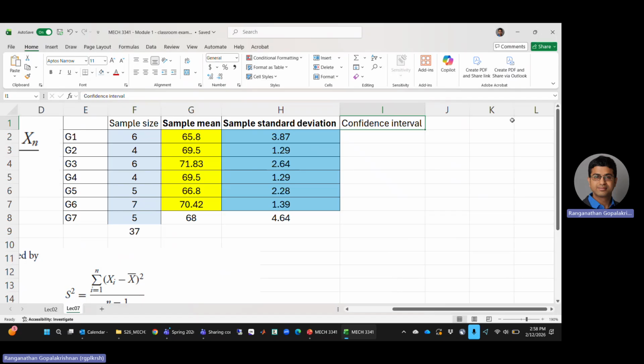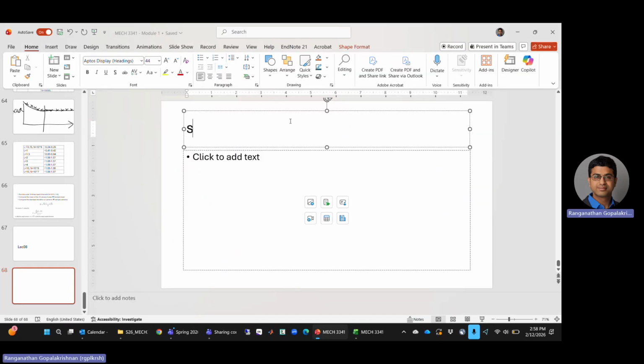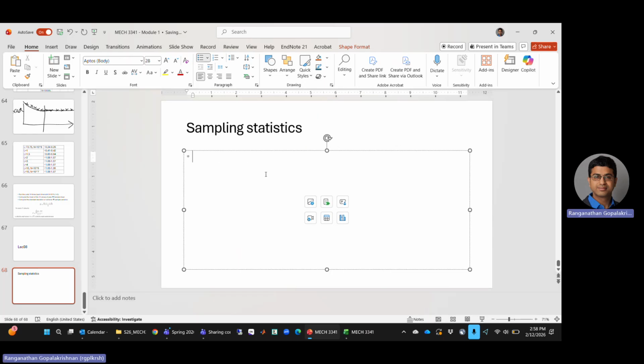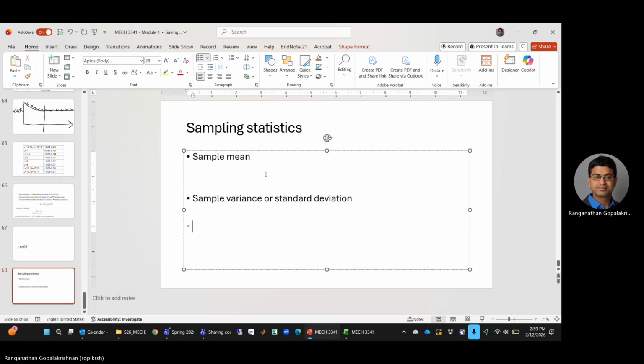So we are going to write down this confidence interval parameter, which I'm going to summarize here. Sampling statistics. We talked about sample mean, sample variance or standard deviation. And then we are going to talk about confidence interval.